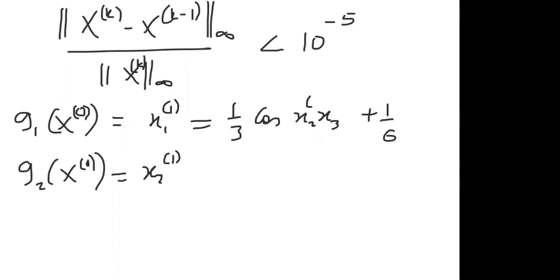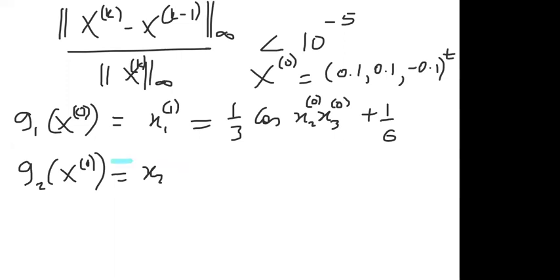Now I'm using x2 0 and x3 0 here. So you can substitute now values in there. And in this case, you have been given x0 to be equal to 0.1, 0.1, and minus 0.1. So always x0 will be given.